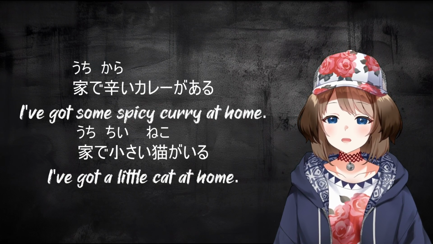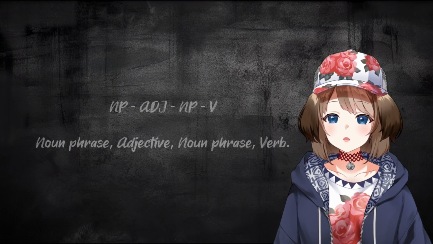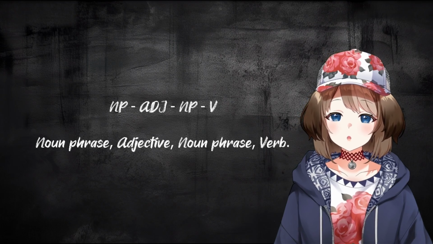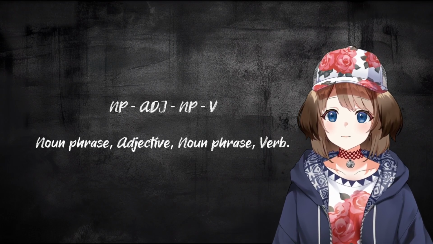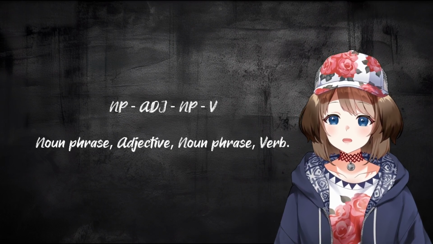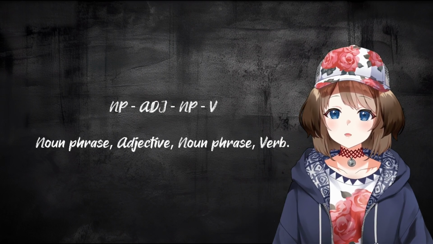In English, we could create a very, very simple outline for these sentences like this. Noun phrase, adjective, noun phrase, verb. The difference between English and Japanese here is that our verb is going to change depending on whether the thing that we're talking about is a living thing or a non-living thing.